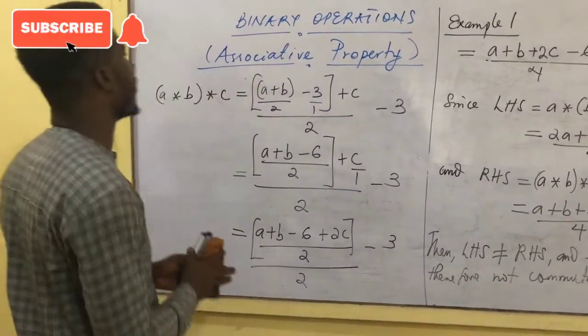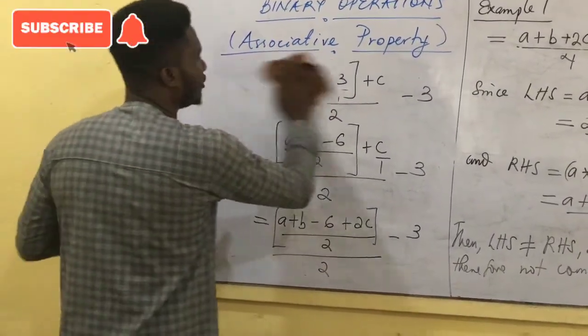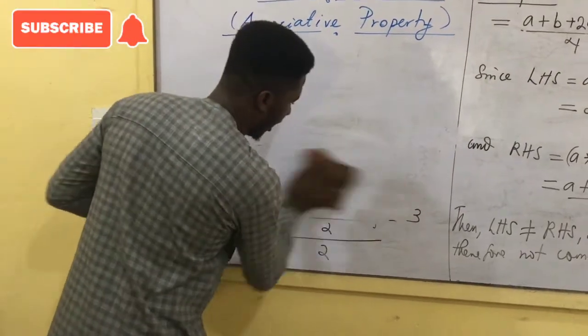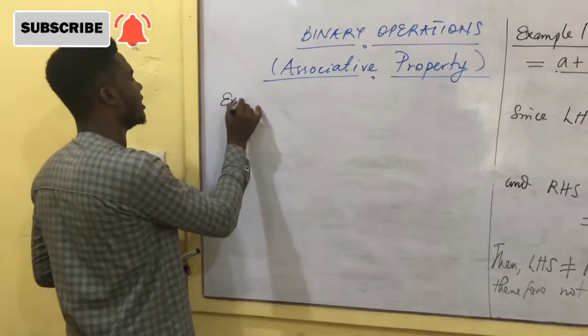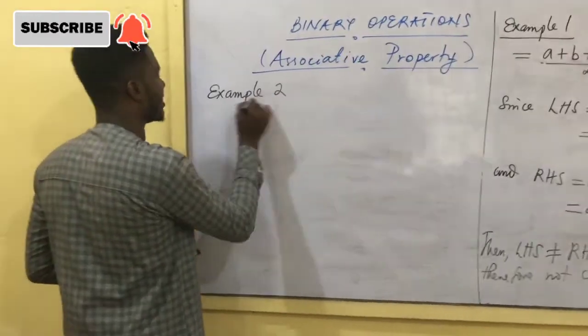Okay, so I'm going to take one more example, and we shall bring this video to a close. Okay, so the second example I want to take is this. Let's take a simple example.